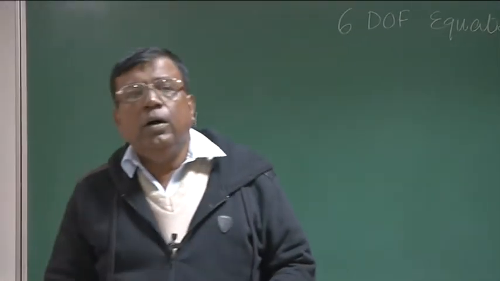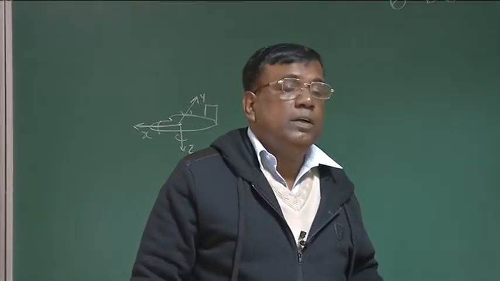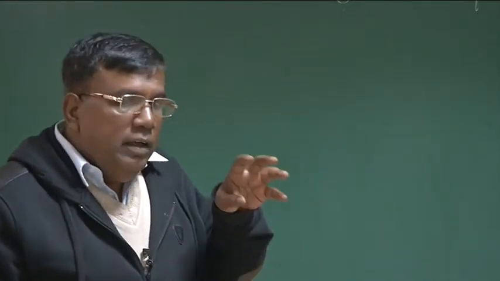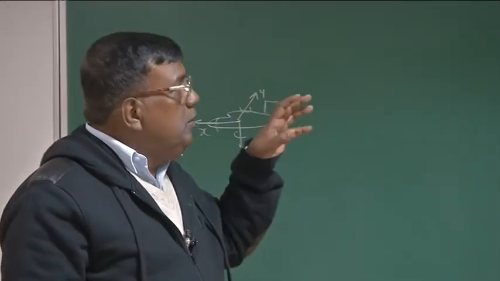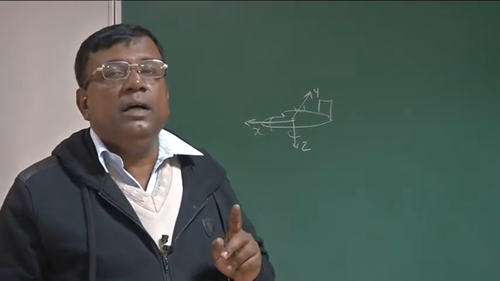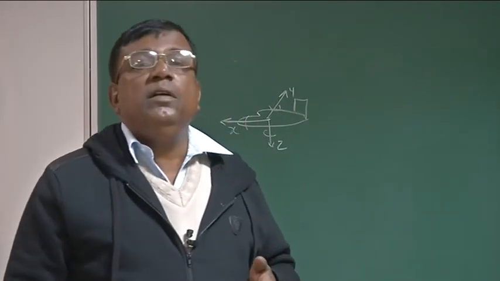If you want to know up to what range it is going, or how it is moving in different directions, you can also do that. But we are very clear about this. We are developing these equations of motion with a clear understanding in our mind that we will be studying the dynamic stability of an aircraft.